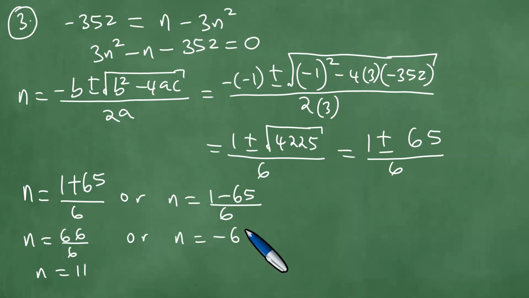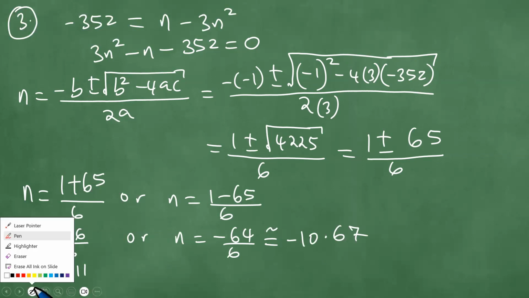Yes. So this is minus 64 out of 6. What is minus 64 out of 6? Negative 10. Okay, that one is sort of a decimal. Yes, it's minus 10.67 approximately.